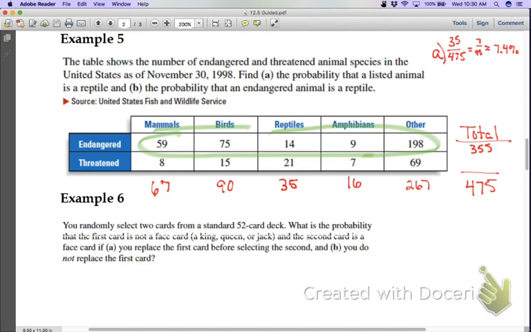So then what's the chance of me getting an endangered animal that is a reptile? 14 out of 355. So 14 out of 355 is about 3.9%.